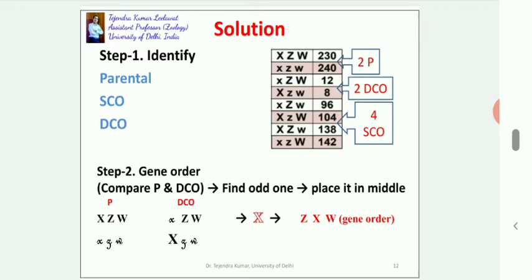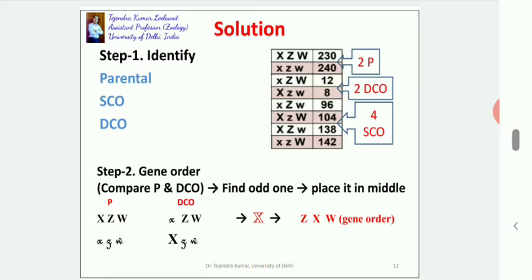How could you identify? Just opposite to the parental, you have to find the two sequences with the least numbers. In this table, 230 and 240 are the highest numbers, so those two sequences are parental, and 12 and 8 are the least numbers, so these two are double crossover. The rest, four sequences, show single crossover.